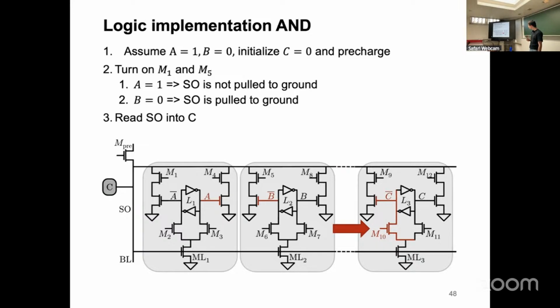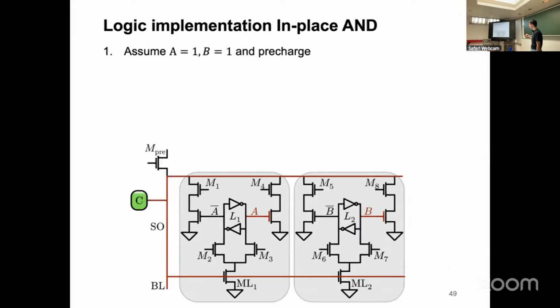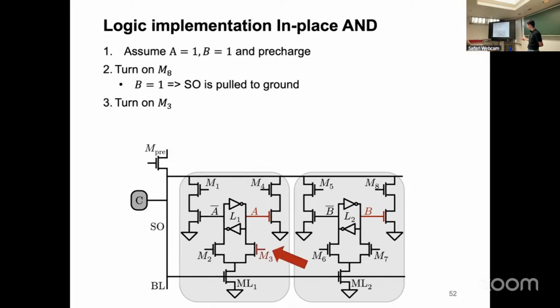However, since sense out is not high, nothing happens, and we stay at 0. We can also do this in place, where we essentially override one operand to have the result stored in there. So now we have A equal to 1 and B also equal to 1, and we also have pre-charged the capacitor again. So if we turn on M8, the sense out line will drain through the latch, and then we can turn on M3.